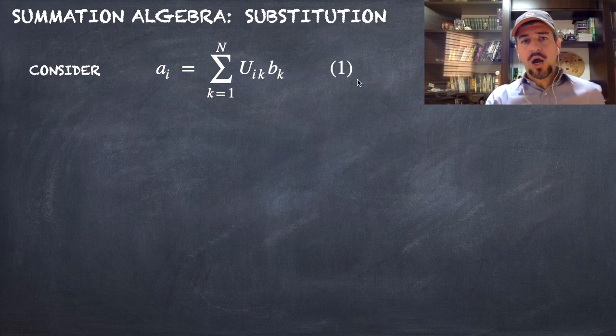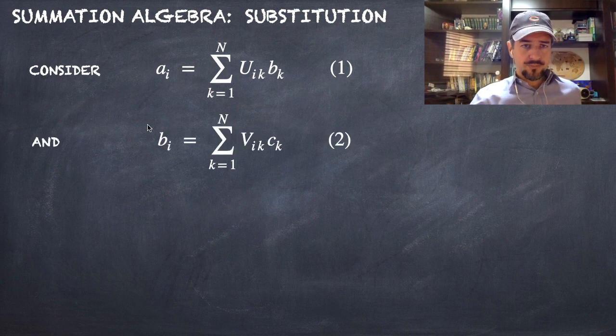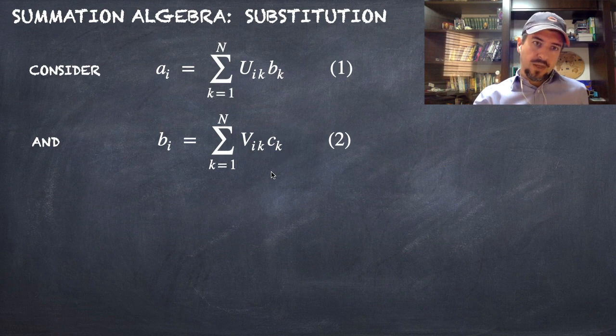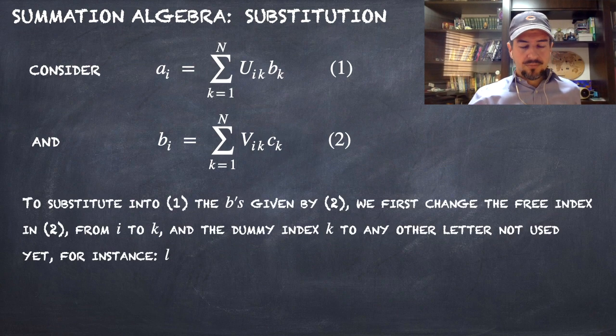This is our first equation. And we know b as a function of c, and we want to substitute the b terms into equation 1. In other words, we want to write a as a function of the terms c.